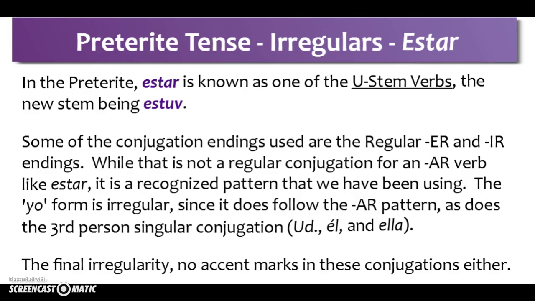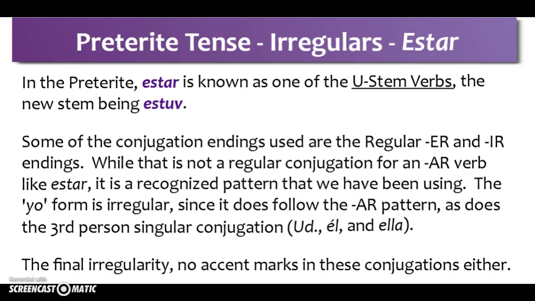Our last verb that we are going to look at is the verb estar. In the preterite tense, estar is one of the verbs that is called a U-stem verb. Its stem itself is irregular in the preterite tense. It continues its irregularities with its conjugations.